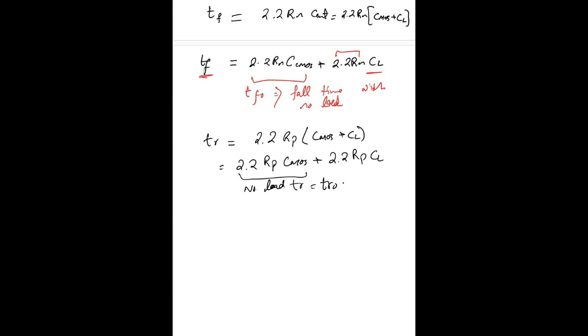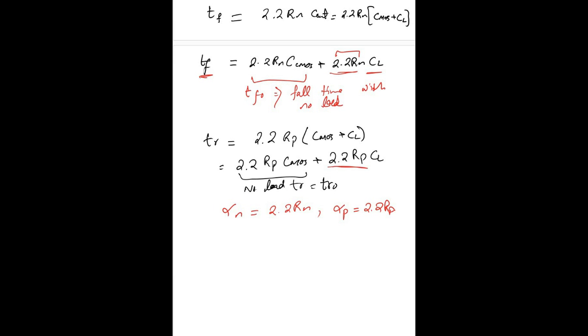And these two quantities can be represented by alpha n is equal to 2.2 Rn and alpha p is equal to 2.2 Rp. These two quantities basically represent the slope of our line when we plot CL with this TR.